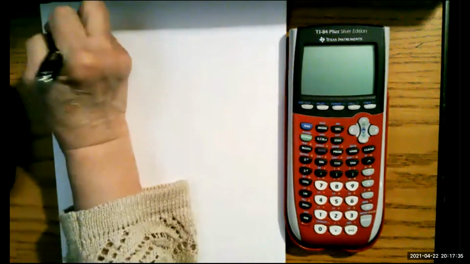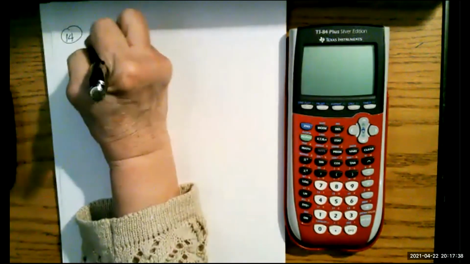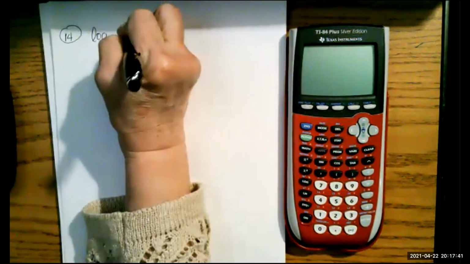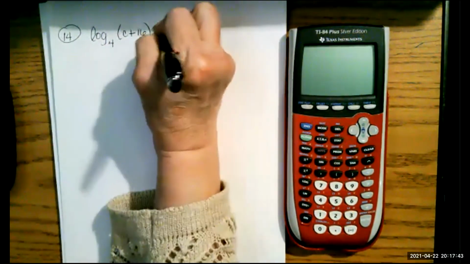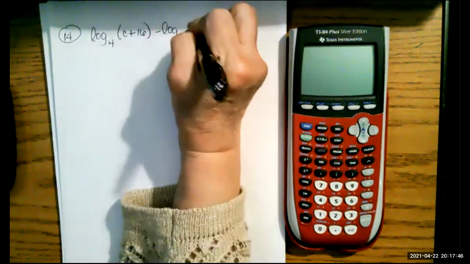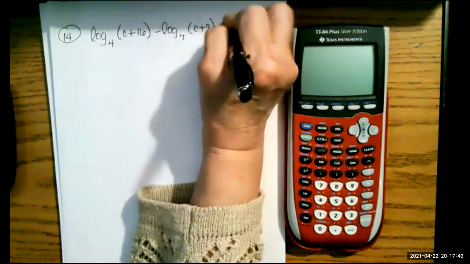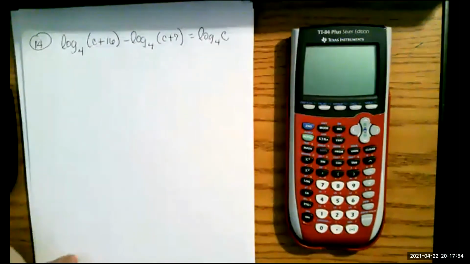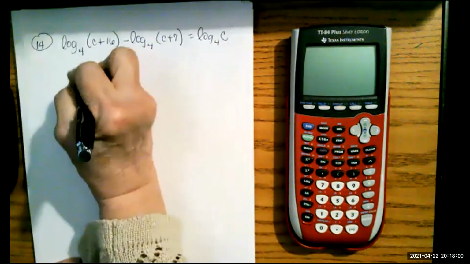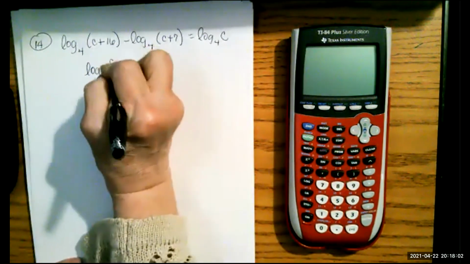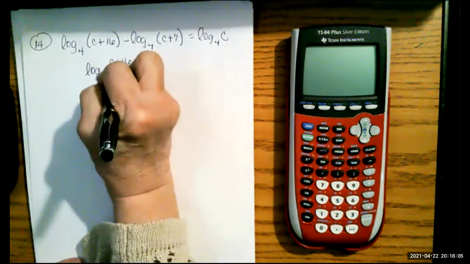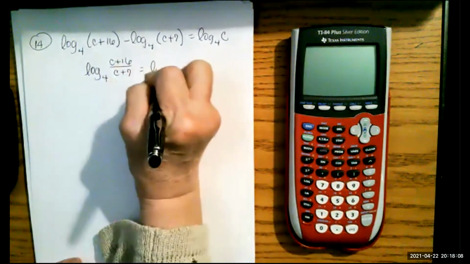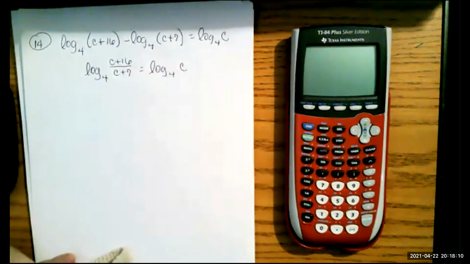So let's do number 14. You have log base 4 of c plus 16 minus log base 4 of c plus 7 equals log base 4 of c. This is a subtraction, so you can write this as log base 4 of c plus 16 over c plus 7 equals log base 4 of c.